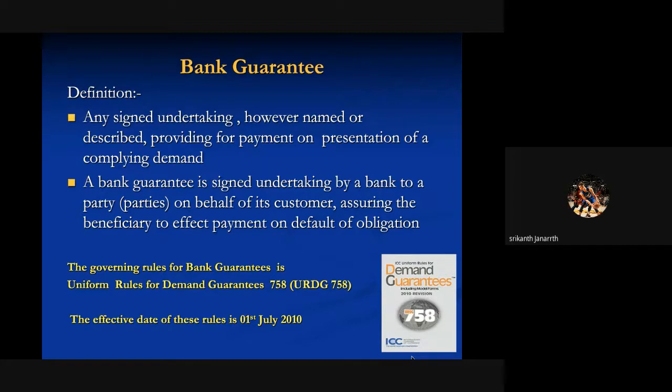The applicant becomes the contractor or the supplier, and the beneficiary could be the company who employs, right? Sometimes different transactions might give different terminology. You should know who is the beneficiary, who is the applicant.